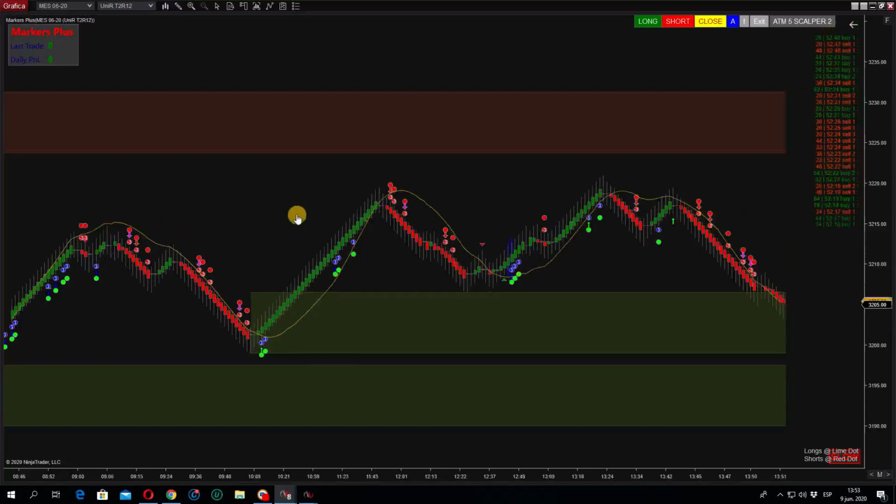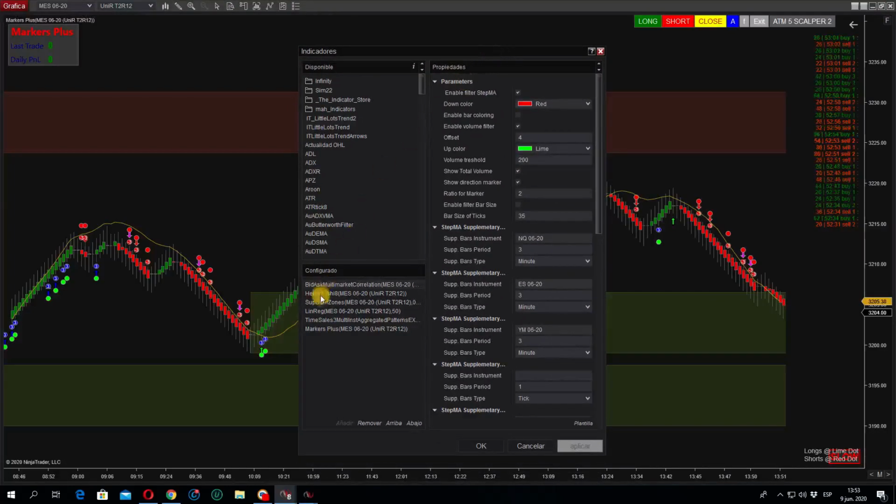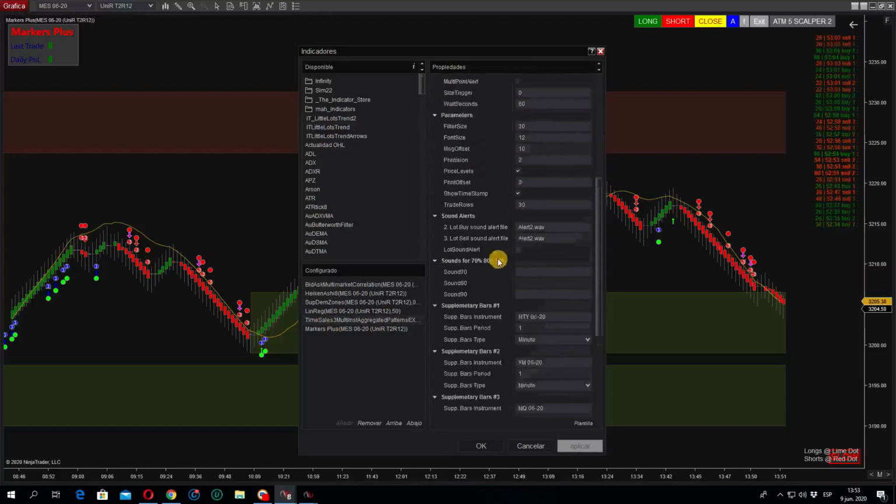As you can see, the system is very easy to understand. You see this high momentum to the upside, these blue lines that are from the Sweet time and sales. About the micro ES, we are working with the slaves like the RTY.